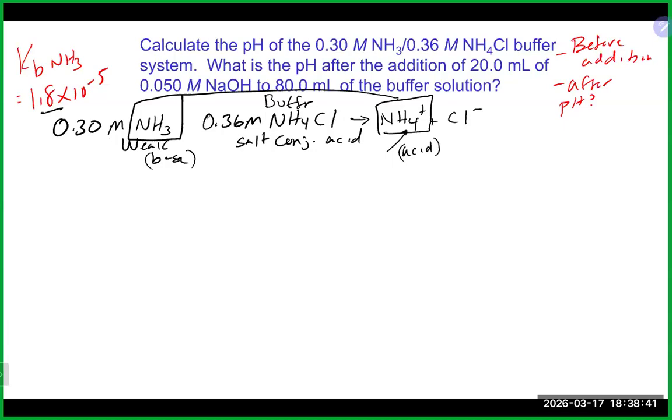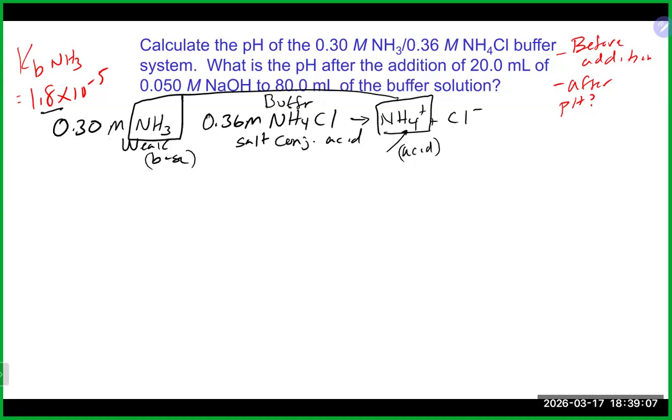Now, that's important to be able to recognize, because like I said, a lot of problems will not just straight up say, hey, it's a buffer. They'll just say you made a solution of these two things, what's the pH of it? And you need to be able to recognize that these things are buffers. Now that it is a buffer, we're looking for the pH of the buffer before and after we do some addition. Before the addition, we are not adding any volume.